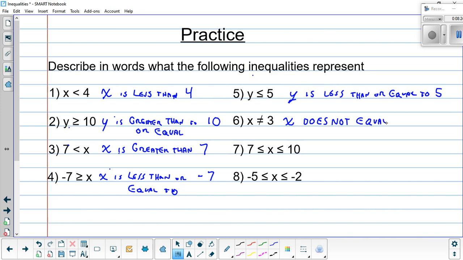So it will be 0, 1, 2, 4, 5, 6, 7, 8, 9, 10, 11, 12, and so on. And similarly in the other direction, 0, negative 1, negative 2, negative 3, negative 4, and all the negative values, off into negative infinity. So x does not equal 3 to finish that one up.